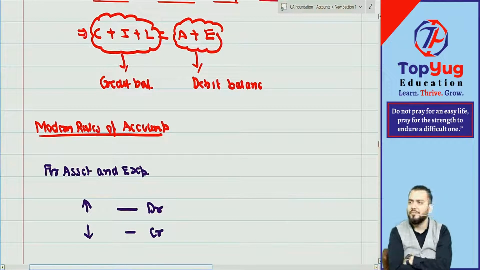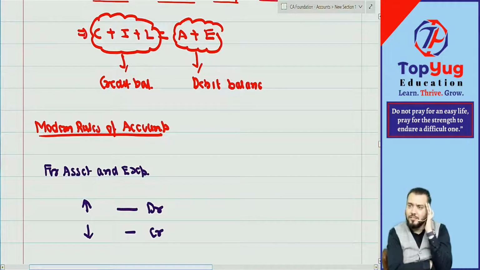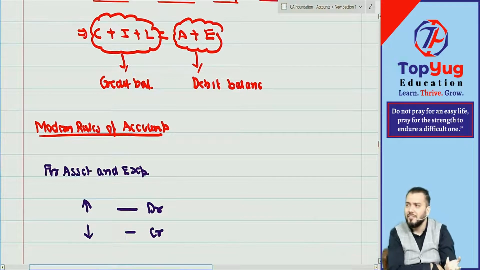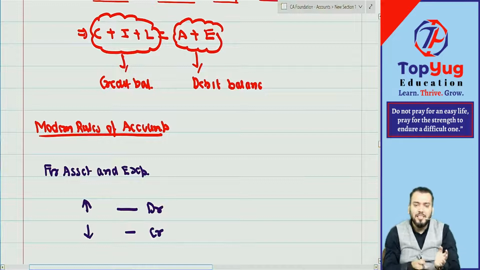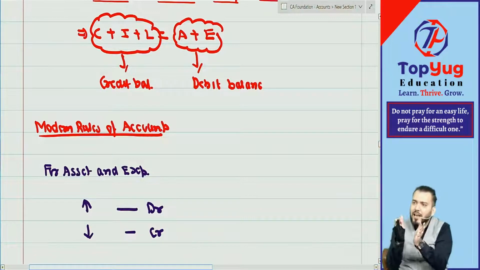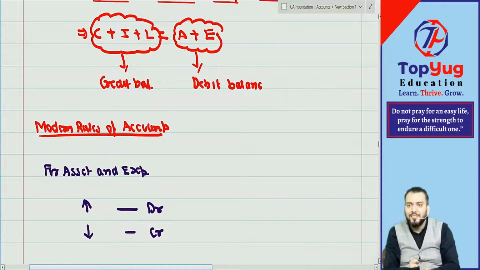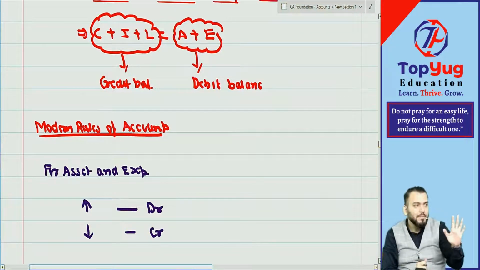So simple. Now there is no need to identify personal account, real account. We know asset, because the objective is to find out asset, liability, income, expense and capital. Why are we doing all this nonsense, real, personal, nominal? Just find out asset, liability, income, expense, capital and make a rule for that. Are you getting it?